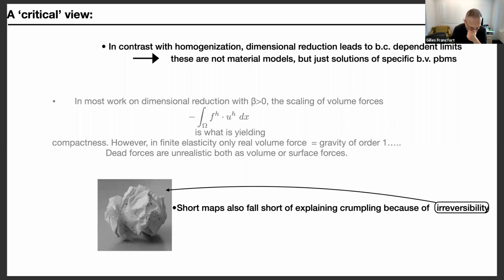Usually, under quite strong assumptions, you can only guarantee short time existence. What we were able to prove is that if your forces are such that you are in the regime for beta equal to 4 or higher, then you can have an estimate on the existence time independent of h, and you can also pass to the limit.